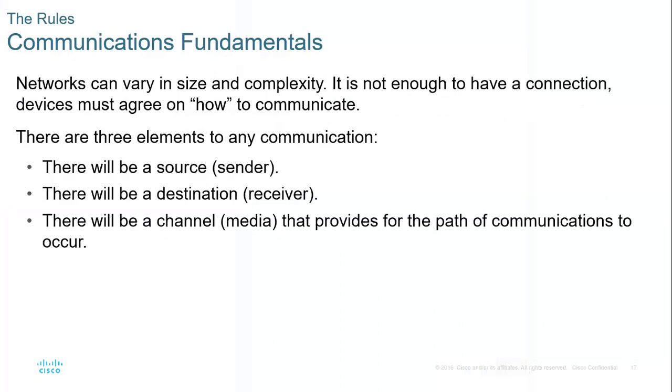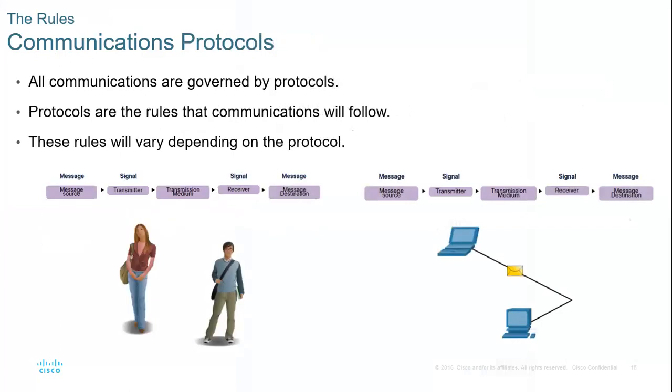In network communication fundamentals, there are three elements. One is the source, the sender; another is the destination; and another is the channel, the media that provides the path for communication to occur. Communication protocols: all communication is governed by protocols. Protocols are the set of rules that communications will follow.